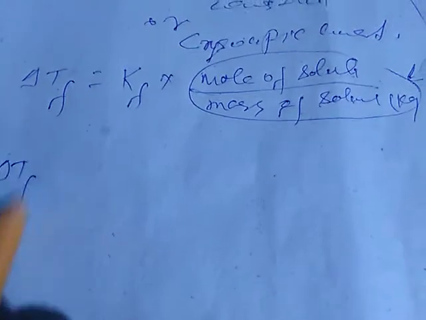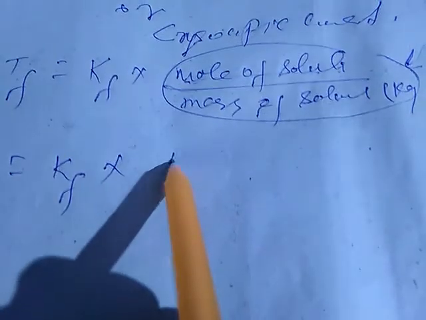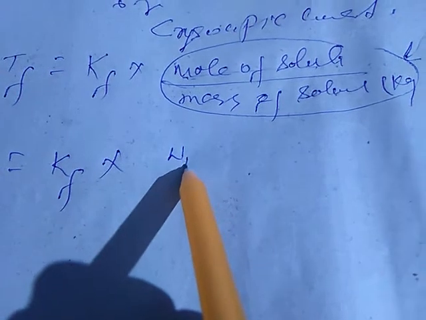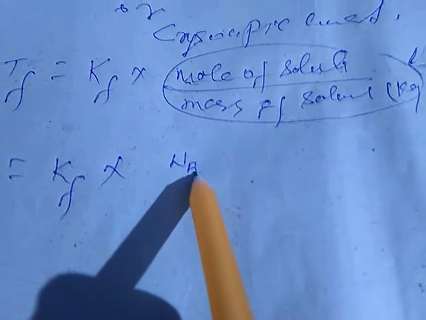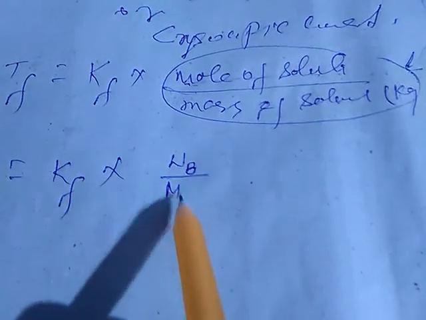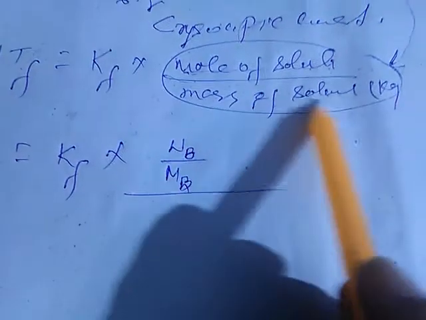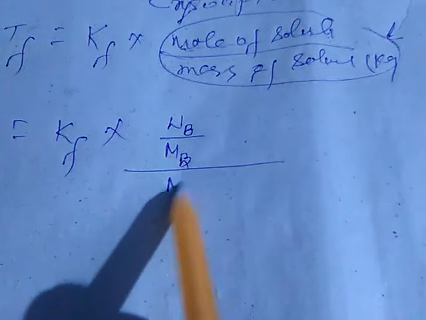Now I am going to convert it into symbolic form. Delta Tf is equal to Kf into mole of solute. What is this mole? Mole is given mass by molecular mass. So given mass of solute, written as WB, by molecular mass of solute, MB, by mass of solvent in kg, mass of solvent Ma, and for kg divided by 1000.